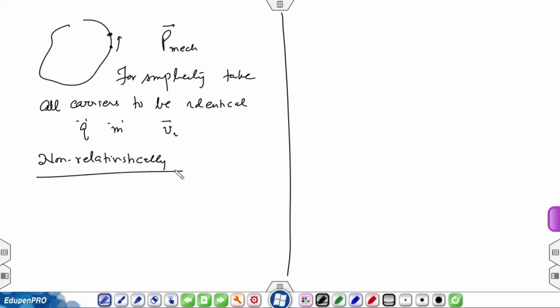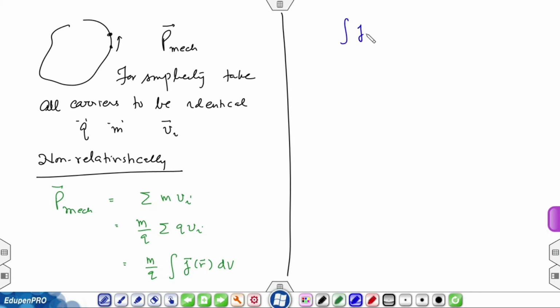Non-relativistically, P mechanical would be equal to summation m v_i, which I can write as m over q summation q v_i, over all the particles. So this will become m over q integral j(r) dv. And you know from earlier exercises that integral j(r) dv is 0. So P mechanical is equal to 0, non-relativistic.